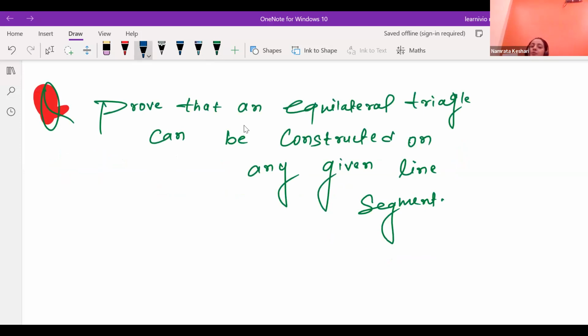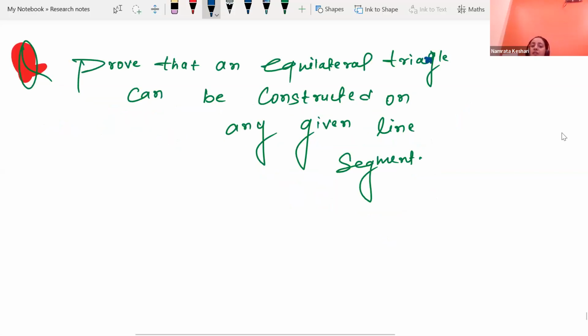So it says prove that an equilateral triangle can be constructed on any given line segment. Ma'am, we have to prove it. Yes, ma'am, here we can use postulate 3.